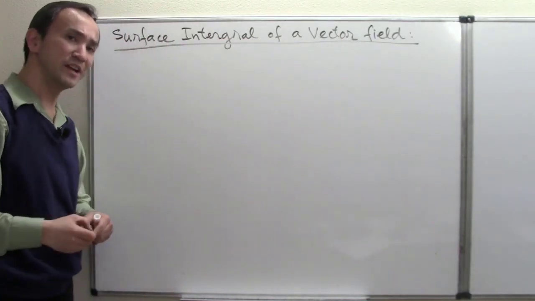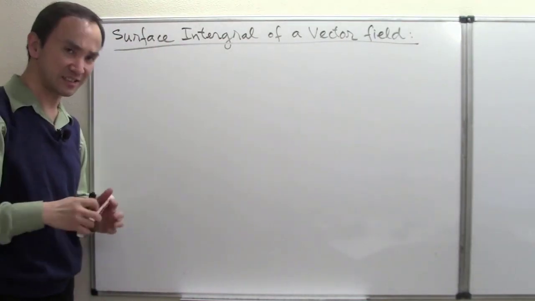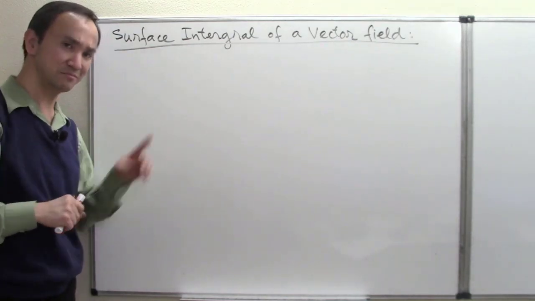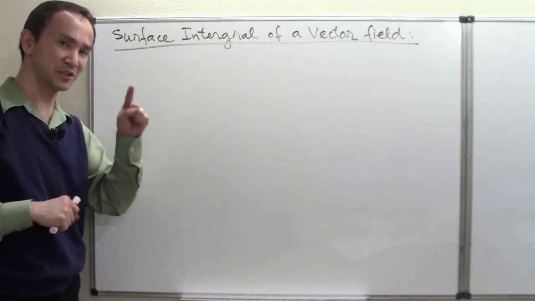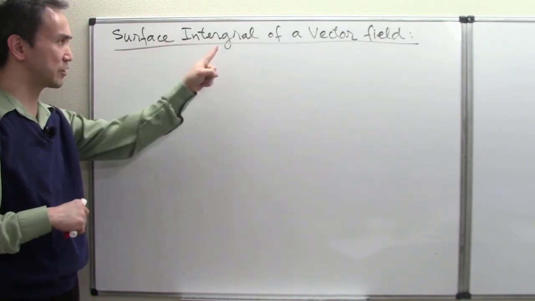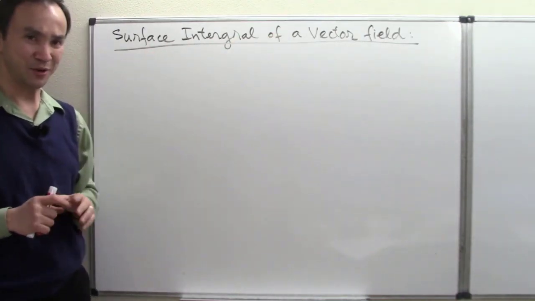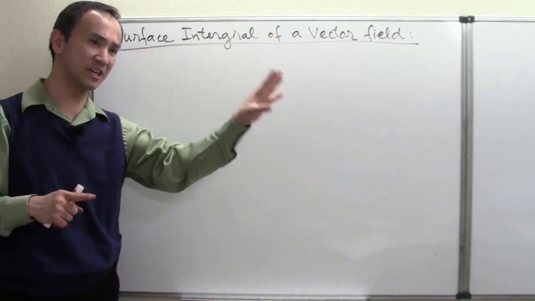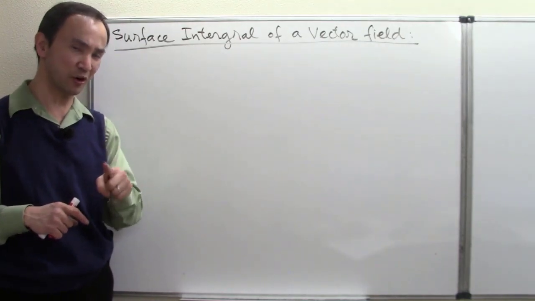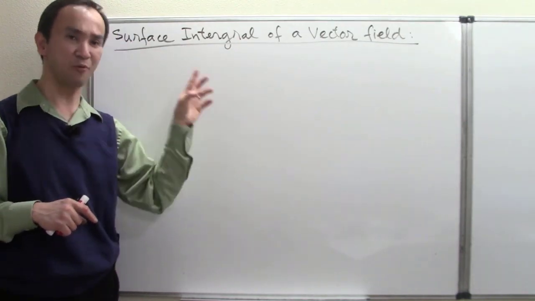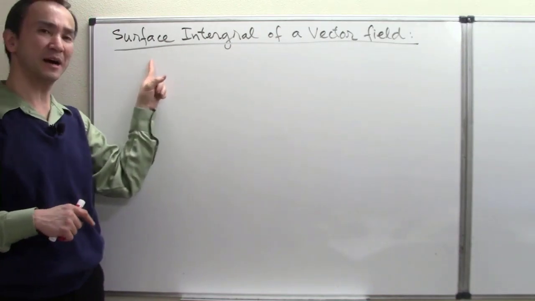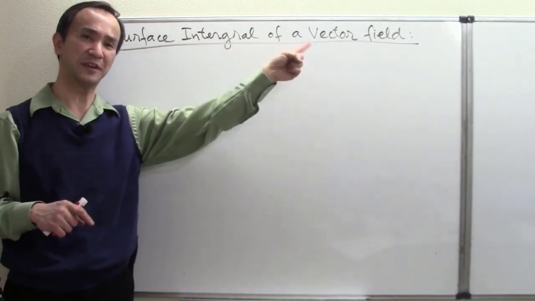All right, and so now you are ready to arrive at the other type of surface integral. Now we're looking at the surface integral of a vector field. So it's extremely important that you have already learned what a surface integral of a scalar function is. And now we advance to learning what a surface integral of a vector field is.